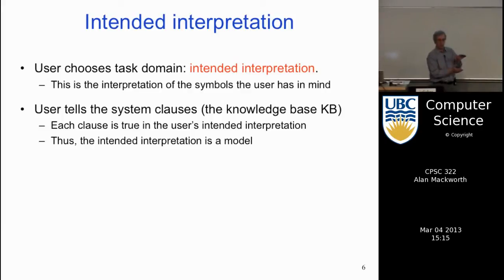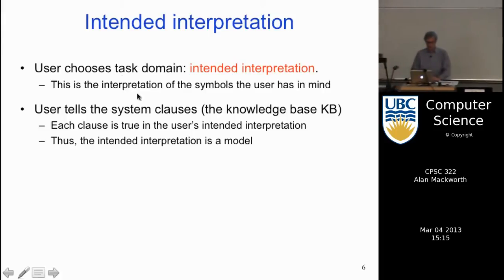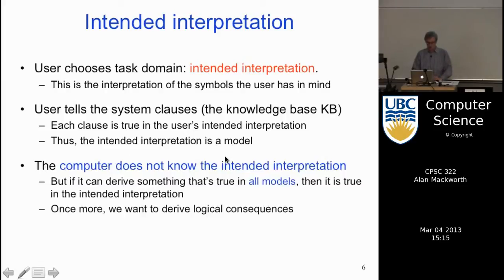However, the computer or the proof theory can only reason about all the models, and that's typically what we do. You tell the system various clauses. If you were running Prolog, you just insert them as clauses. That's the knowledge base, and each clause is true in your intended interpretation. Thus, the intended interpretation is a model.